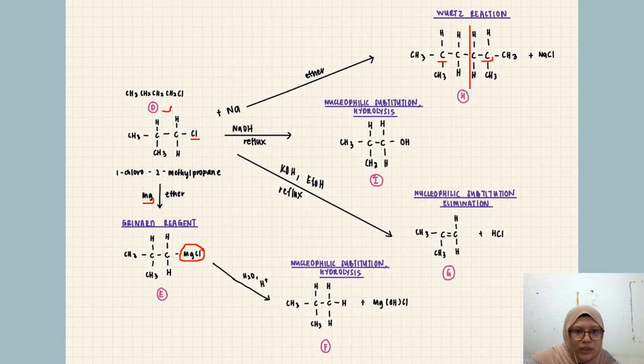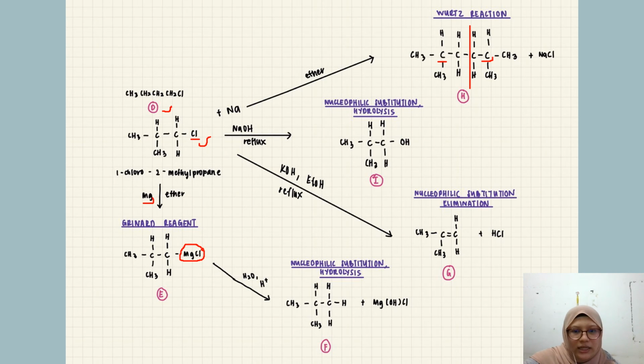So by doing this, we know that it is correct that Cl is attached here. And then we go to the next structure, which is structure F.